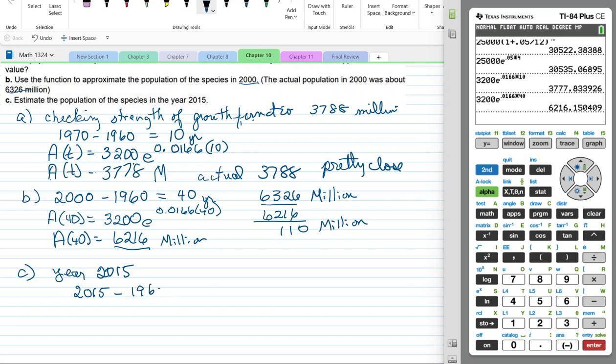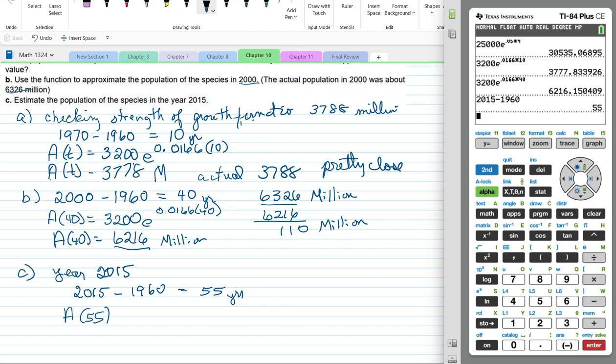Well, we know it's 40, and that would make it 55, wouldn't it? All right. So we're going to go our A of 55. And if you don't believe me, we can always do it on the calculator, and always good to be safe for you. Yeah, I know you have to see it sometimes, and I don't mind.